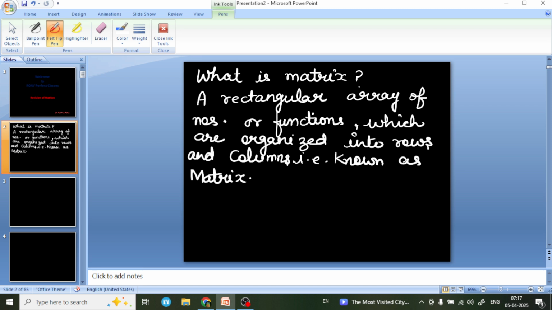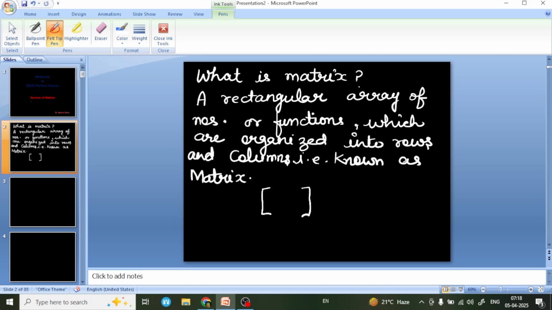A rectangular array of numbers or functions which are organized into rows and columns. That is known as a matrix. How to represent a matrix? We represent a matrix by using the symbol of square brackets.